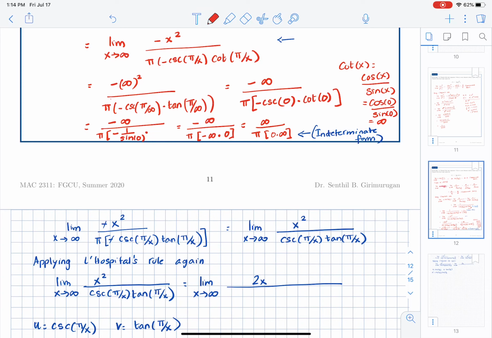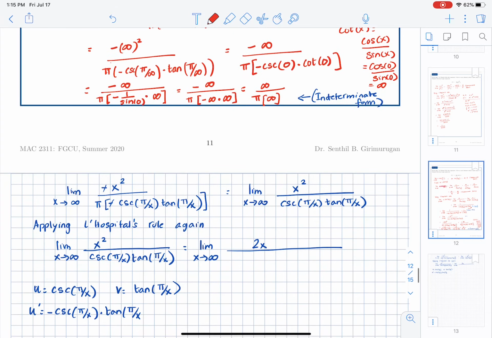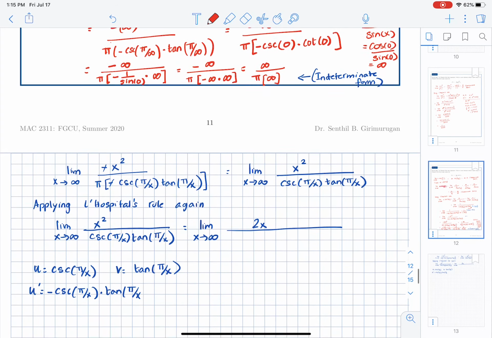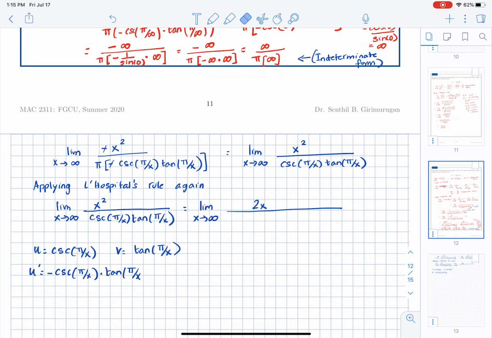That is also infinity, which would give us infinity. Well, it didn't change much. We still end up having an indeterminate form, so we have to do this again regardless.